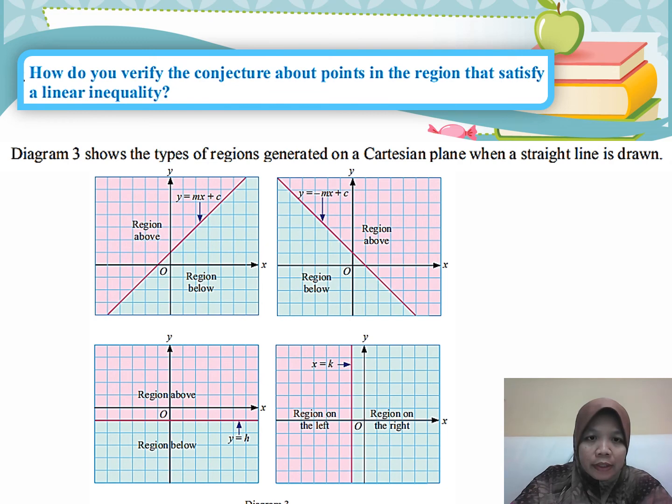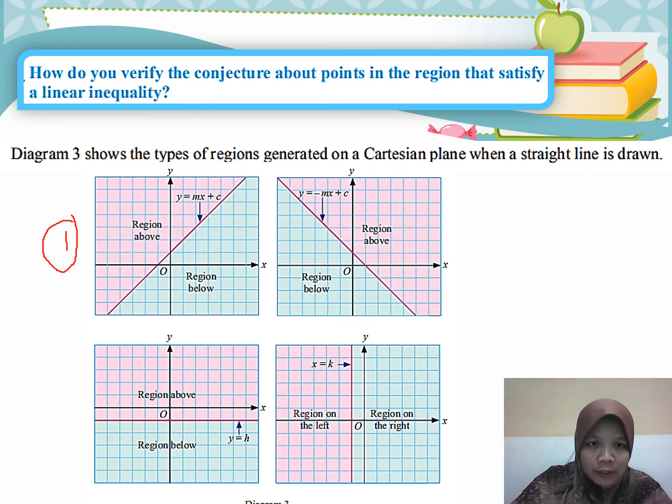Next, based on diagram 3, diagram 3 shows the types of regions generated on a Cartesian plane when a straight line is drawn. Now we have 4 diagrams here. Look at the first diagram.